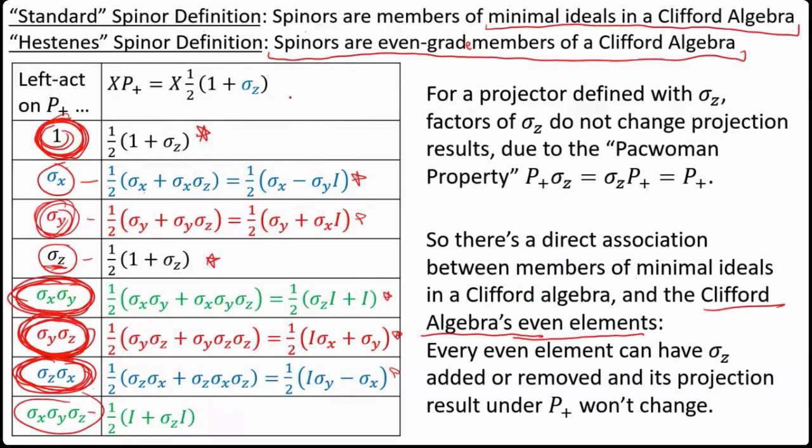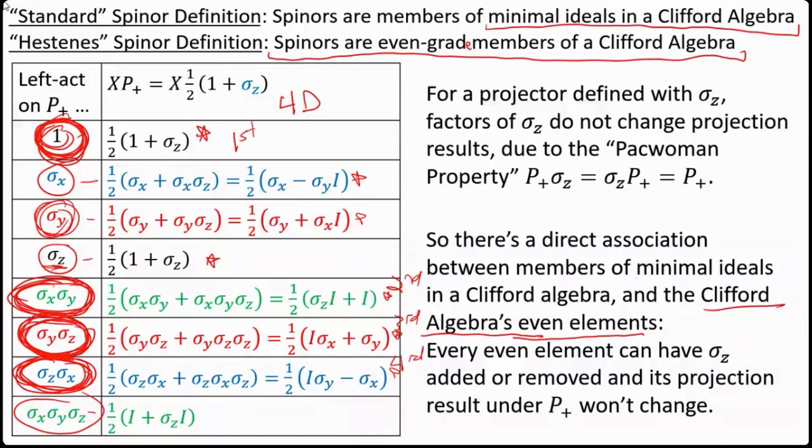Like this even dimensional space is 4D, and then there are no repetitions when you project them down. So this would be the first basis vector, and then this would be the second, third, and fourth, and those all come from the even grade elements. So yeah, that's sort of the connection there.